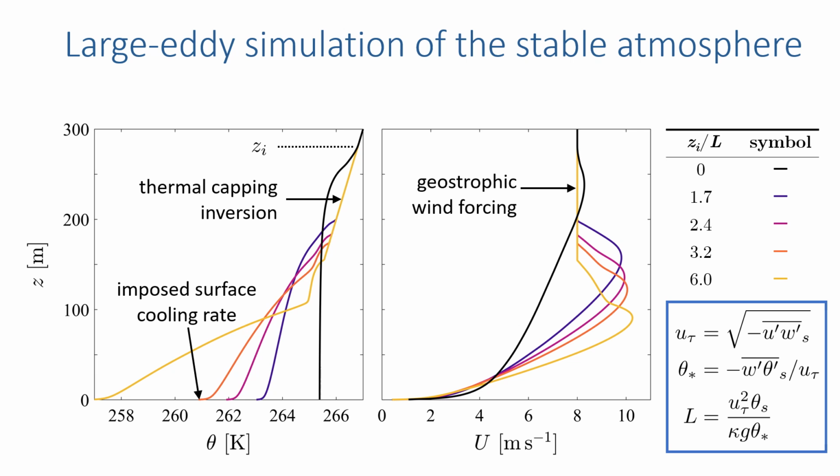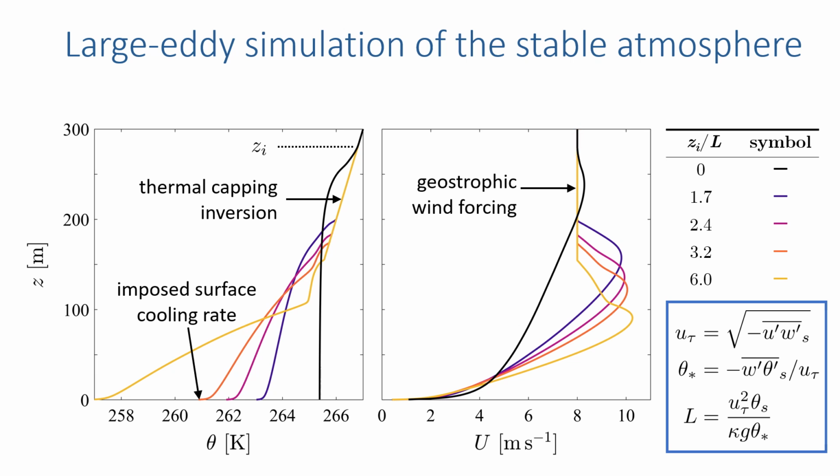The different stabilities are imposed by using a fixed surface cooling rate that increases as you increase the stability, which you can see where you have a flat profile in the temperature for the neutral case, and then you have an increasingly cooler surface as you increase the stratification. The temperature profile is initialized using a geostrophic wind forcing that's equal to 8 meters per second, as you can see in the right-hand plot.